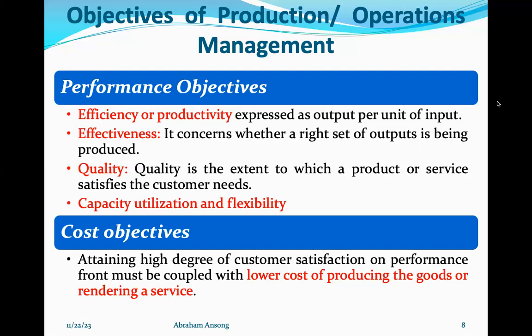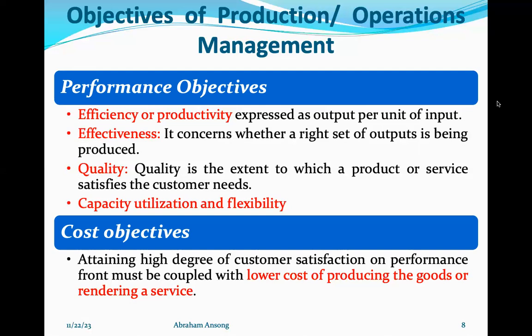Okay, flexibility also is talking about in case you want to venture into a new product, your existing machine should be able to help you in addressing that particular need, so that you don't have to acquire totally different machines or gadgets to be able to render that particular service.